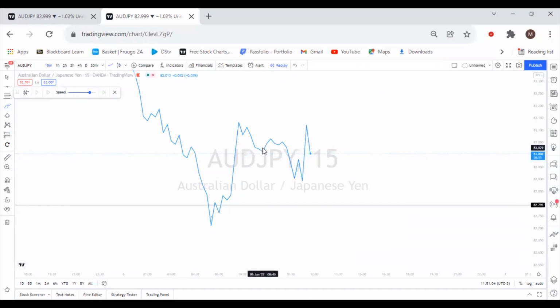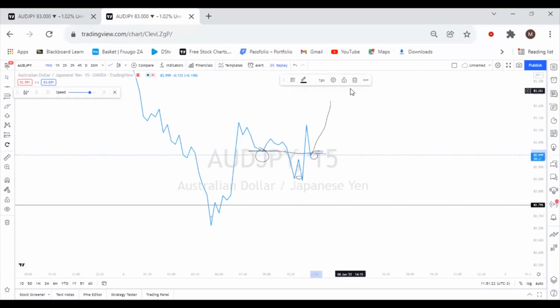And this could be an inverse head and shoulders. If it rejects at these levels right here, this could just mean it's a simple head and shoulders.